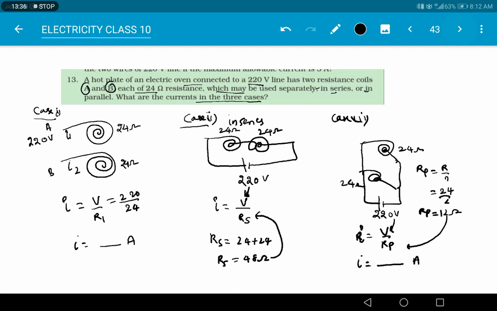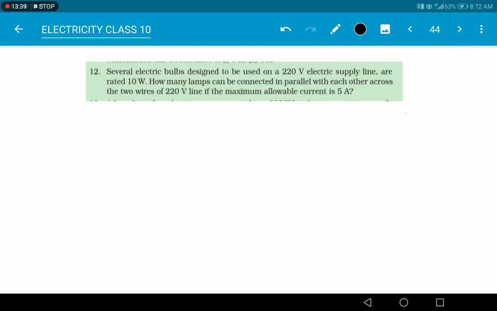Okay, you simplify. Next, several electric bulbs to be used on a 220 volt electric supply line are rated 10 watt. Rating is given. Operating voltage is 220.